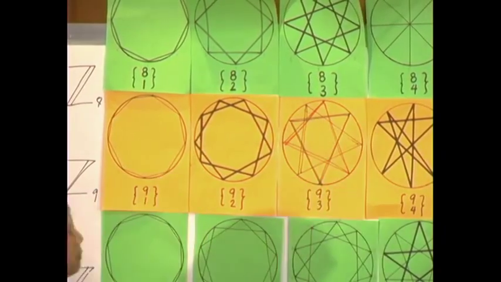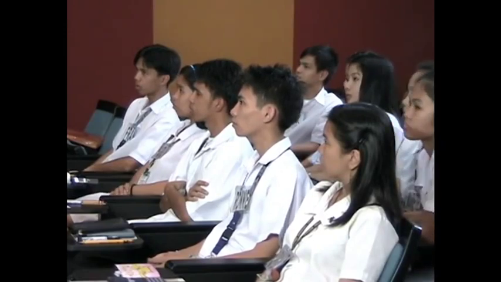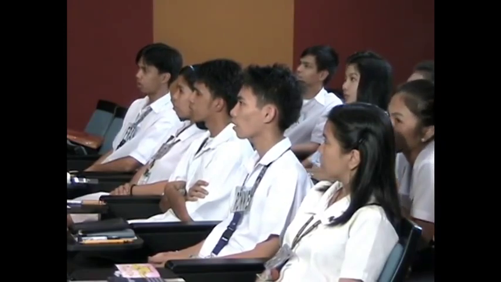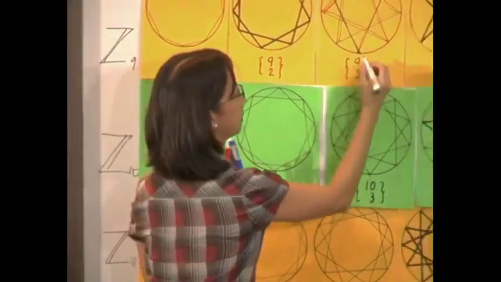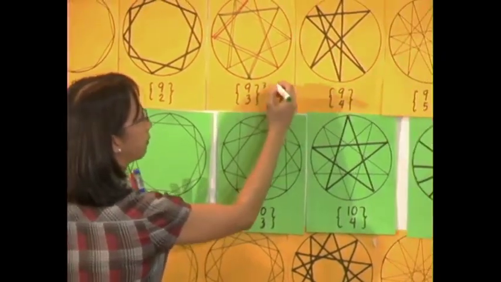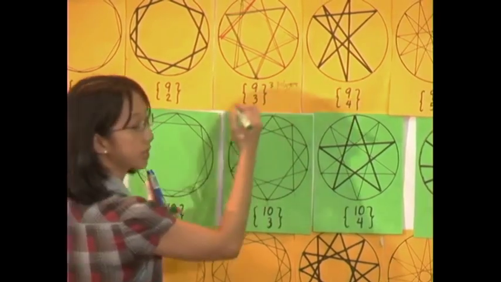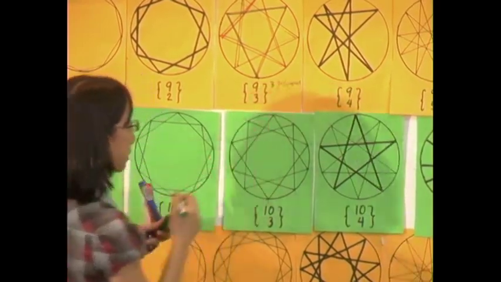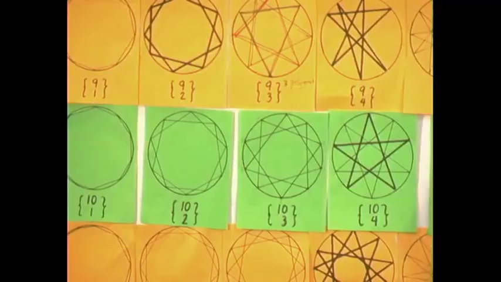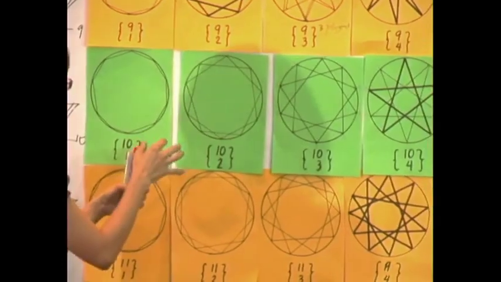So how many distinct figures were used? So we were able to get 3 polygons, right? 3 polygons of side 3, because they are triangles. All right. How about 10-2? Okay, 10-2.